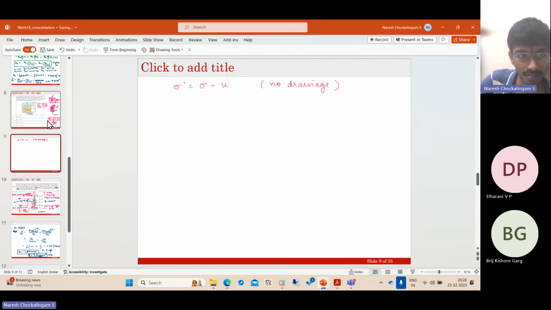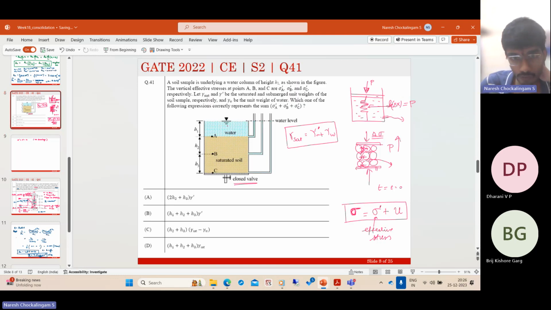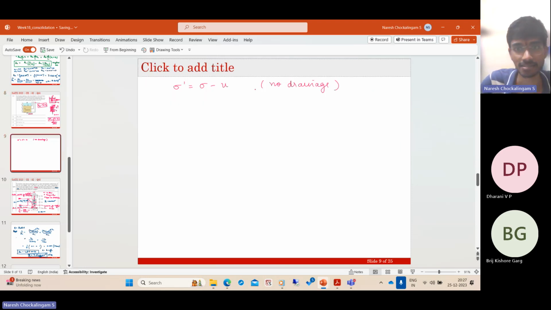Is there any seepage? Is there any flow first of all? No. You have a head here, and here also the head is the same. You cannot have flow without any head loss. So there is no flow here. So we are under static conditions. So the assumptions are that you have no drainage and you are under hydrostatic conditions, or just static conditions. There is no seepage.